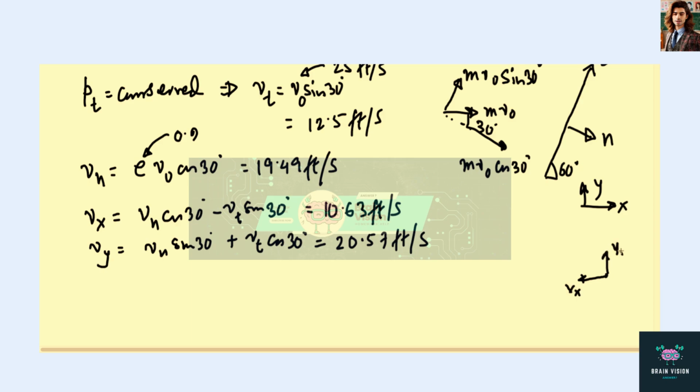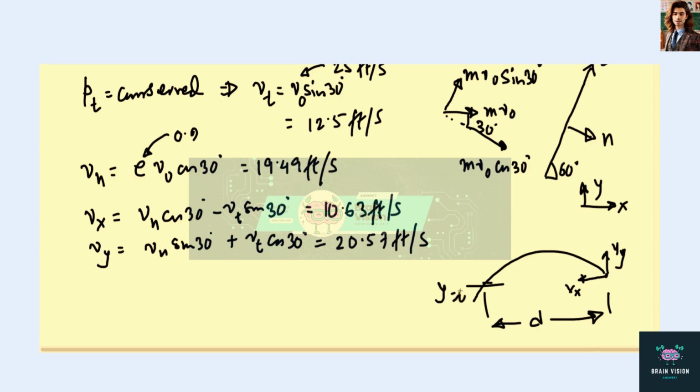Now, what happened right now is we have Vx and Vy known, and it lands somewhere over here. So the distance is d.